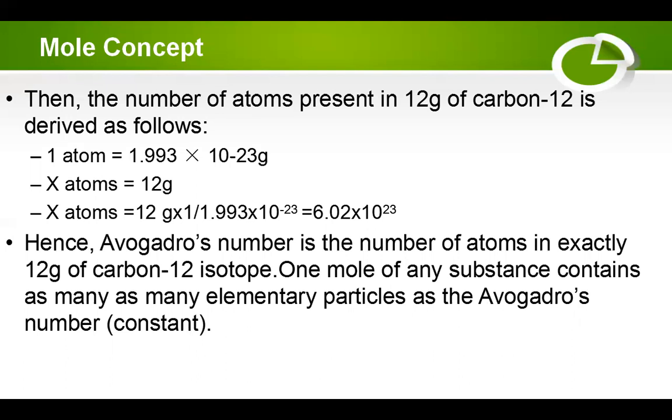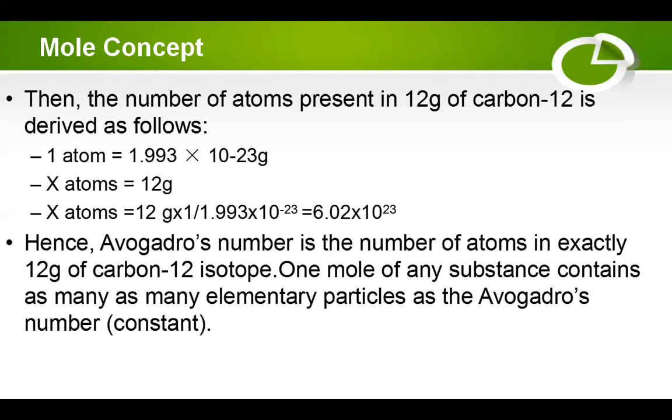So if you calculate, letting the unknown be x, it will be equal to 12 grams times 1, divided by 1.993 times 10 raised to negative 23. That's where we get this value, 6.02 times 10 raised to 23.